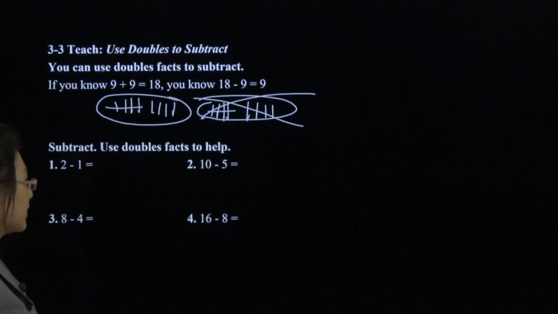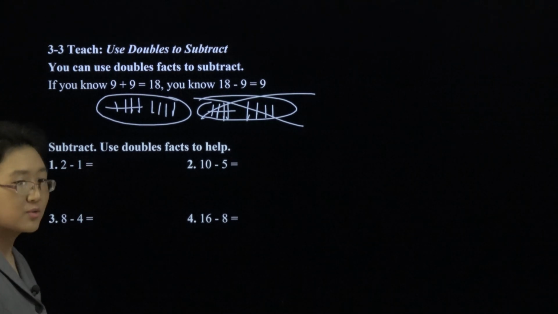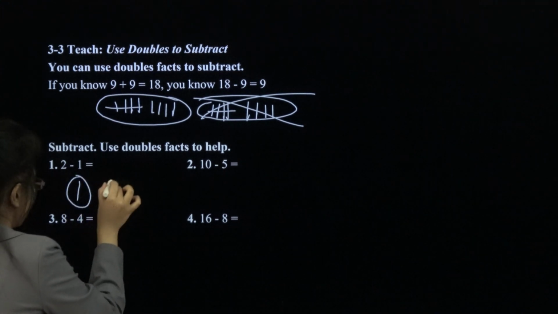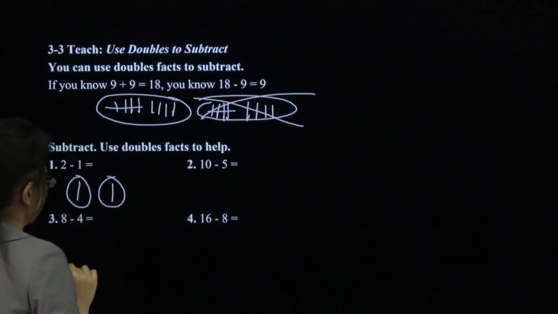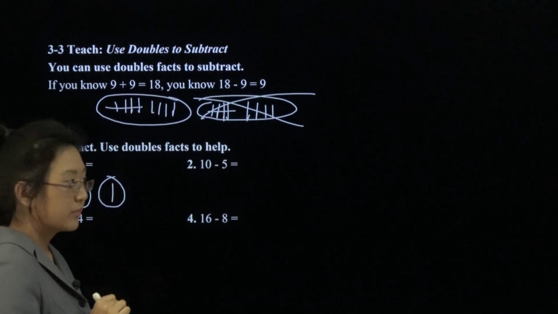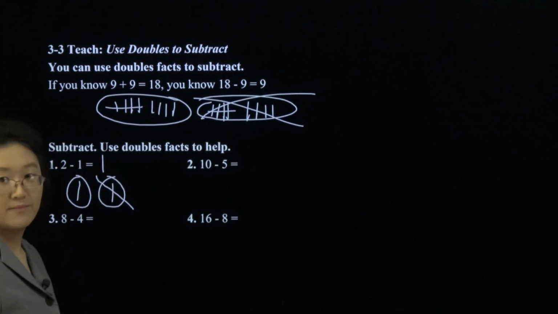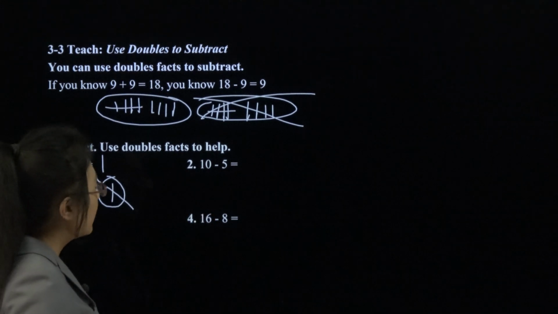So let's use some double facts to help us subtract here. 2 minus 1. Well, we know that 1 plus 1 is equal to 2. So 2 minus 1 is equal to 1. Now what about 10 minus 5?